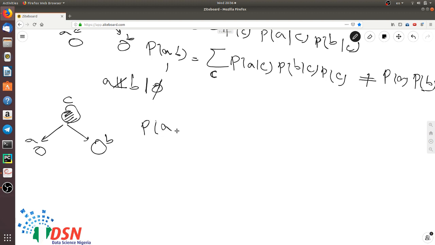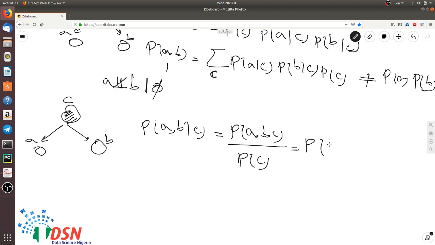Now I know that P of A and B given C is equal to P of A, B, C over P of C. We know that from the probability session, and we could write that as P of A given C times P of B given C. So in this case, A and B are statistically independent given C.